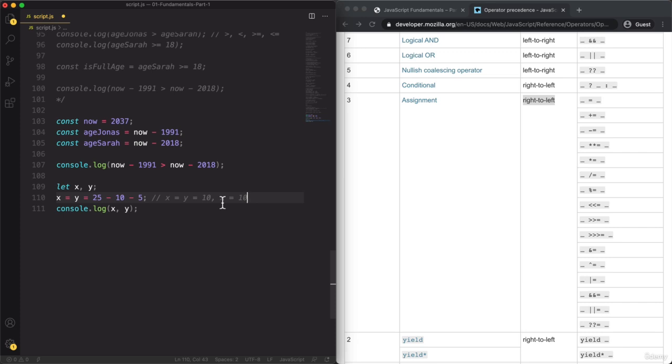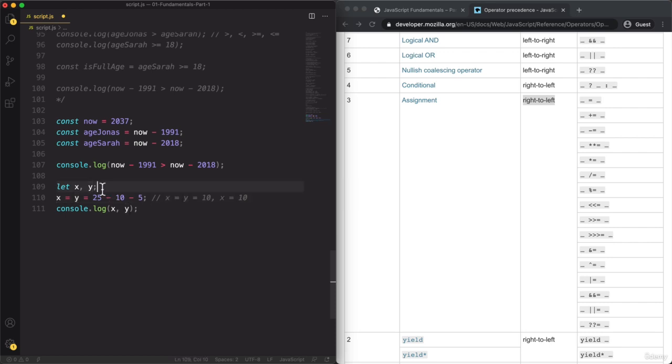Okay, maybe that sounded a bit confusing, but that's just how it works when you evaluate from right to left. And actually, that's the way it has to be, because if it was the other way around, this wouldn't work. Just imagine if we had this assignment working from left to right. Then x would be equal to y. And y is undefined at this point, remember?